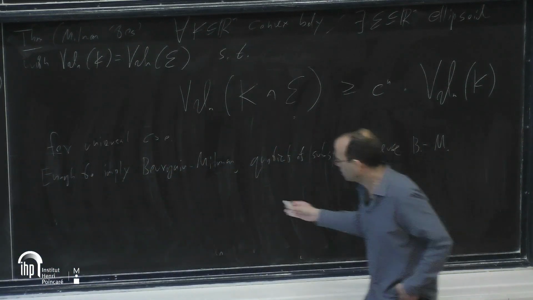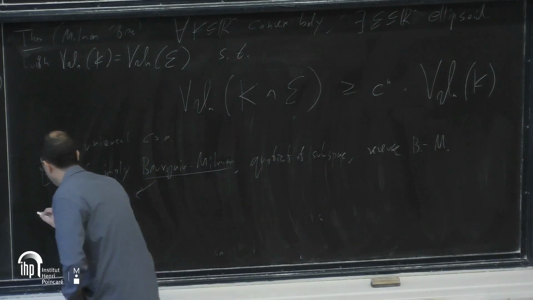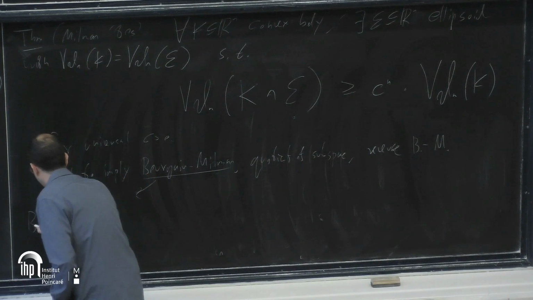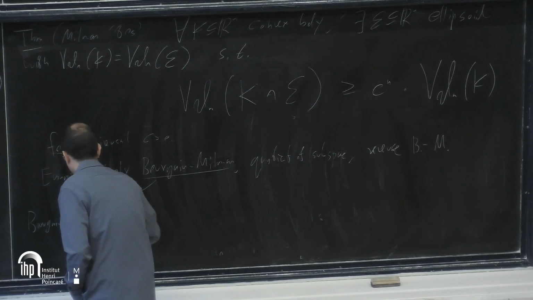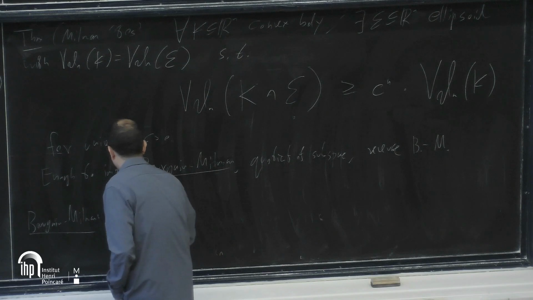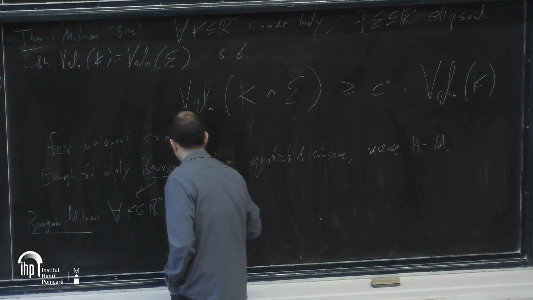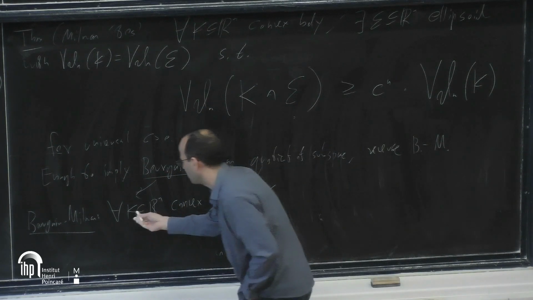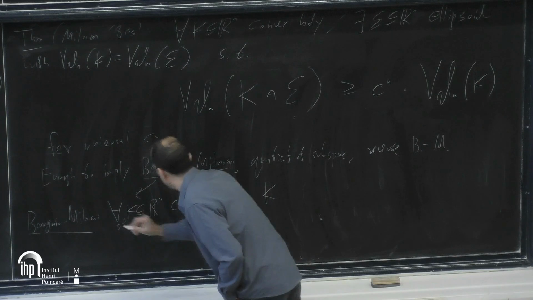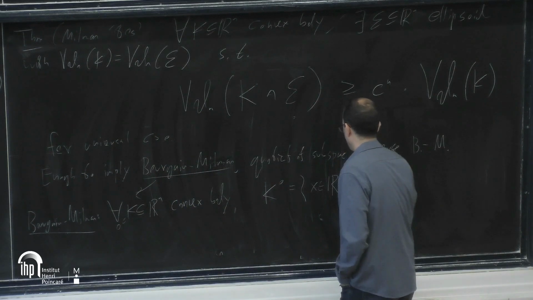Okay, maybe I should say what the Bourgain-Milman inequality is. It is the inequality that for any convex body K in R^n, and its polar, I'm sure everybody knows, let's say 0 is inside, otherwise the polar is non-compact.